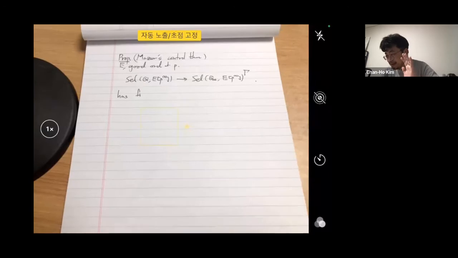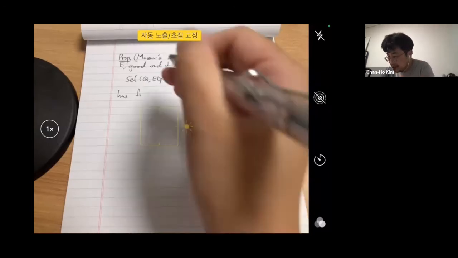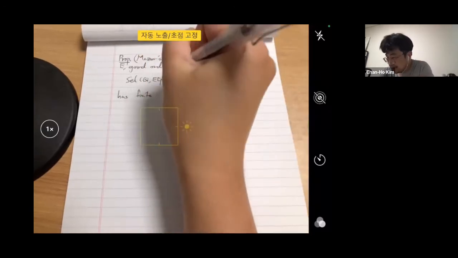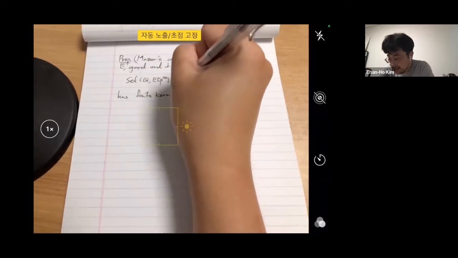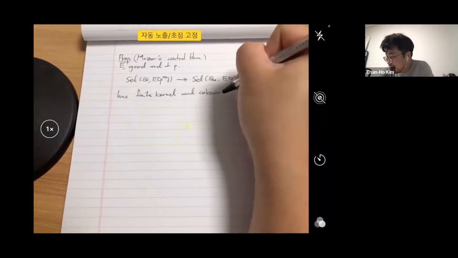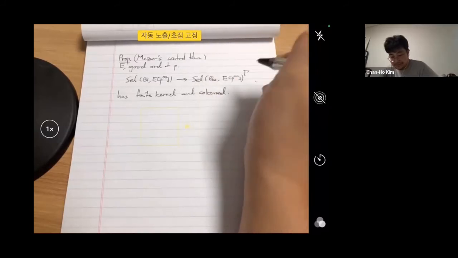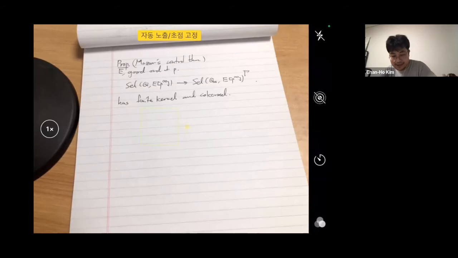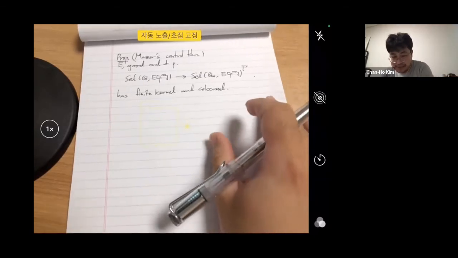Okay, so this restriction map has finite kernel and cokernel. Now I have some applications of the Iwasawa main conjecture.